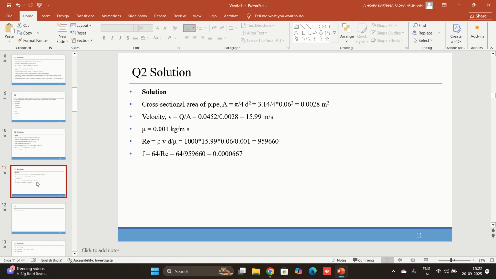So now what we need to do, we need to first find V and rho and mu. Cross sectional area is given by A is equal to pi by 4 d square.